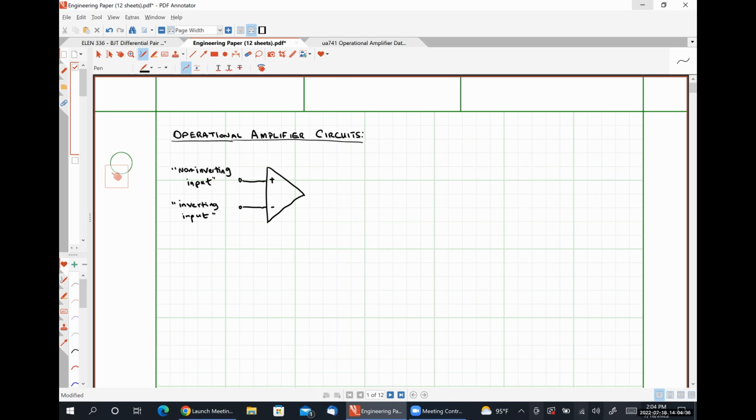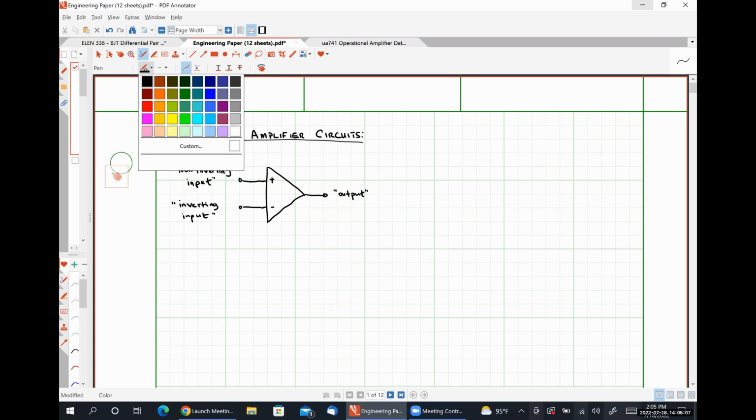We'll talk more about what non-inverting and inverting means here in a little bit. On the right-hand side, we have our output terminal. So effectively, we can apply two input voltages and get one output voltage in this circuit.